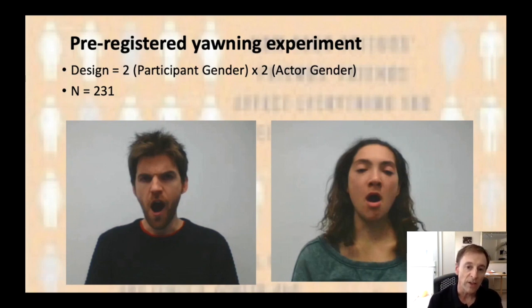We presented two models. In fact, the model on the left is one of our researchers. Two models, a female and a male yawner. And in a 2-minute clip, the yawners yawn 8 times. And the participants are male and female. So basically, you've got an in-group yawner or an out-group yawner.